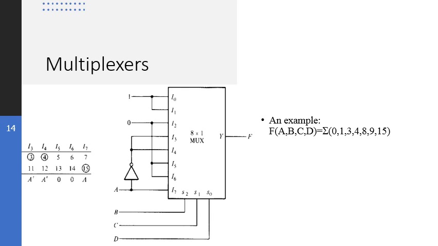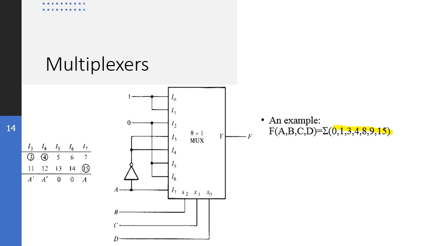Let us see another example, in which we are implementing a Boolean function of 4 literals. The total number of minterms is 16, from 0 till 15, and these are the minterms for which the circuit produces a high response. We are using the same concept and implementing it with an 8 cross 1 multiplexer. Why 8 cross 1 instead of 4 cross 1 or 16 cross 1?